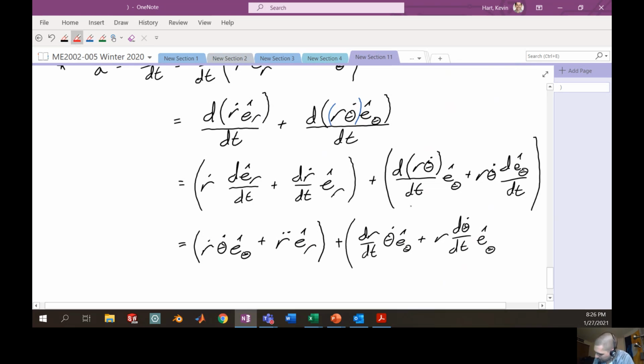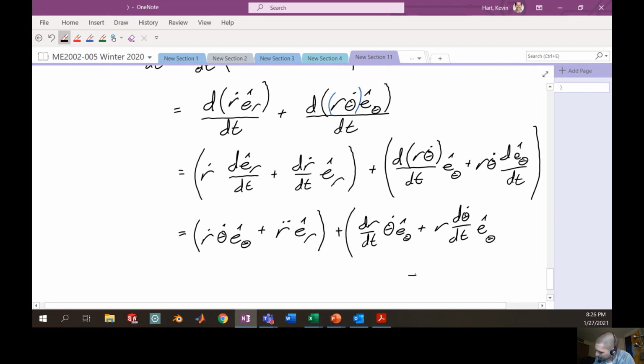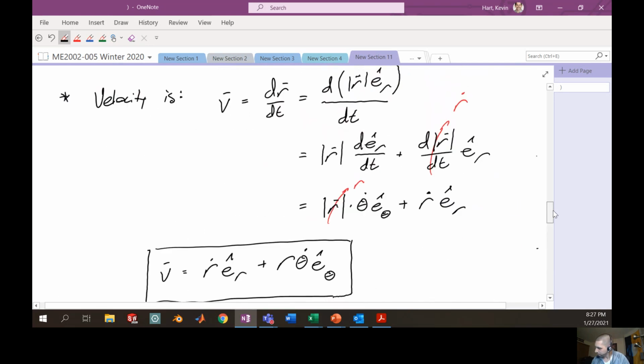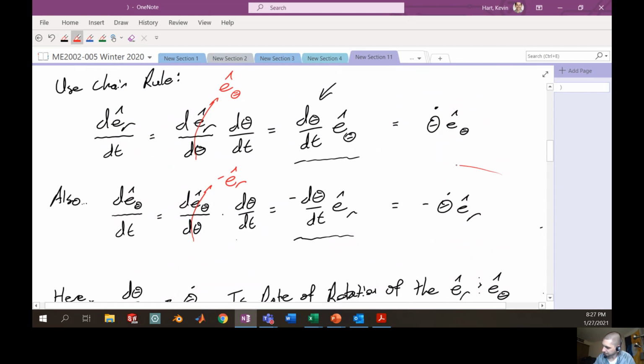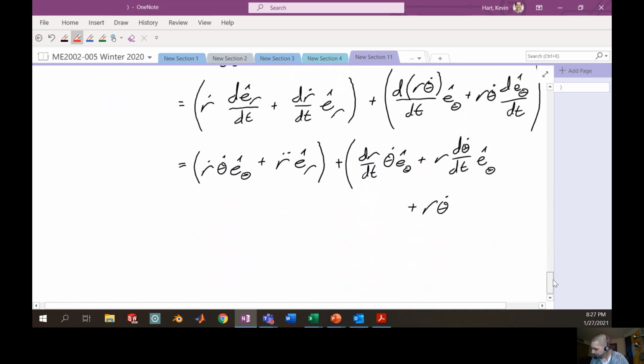That's coming from here. And we're adding to this our last term, r theta dot. Now our derivative of e hat theta with respect to time can go all the way back up. It is here: the derivative of e hat theta with respect to time, negative theta dot e hat r.